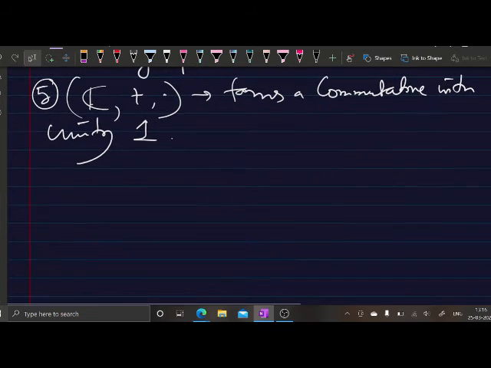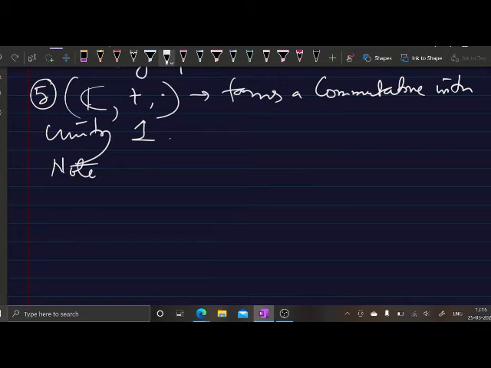Now note that suppose you take any z, z not equal to 0 in C. You take a non-zero complex number.